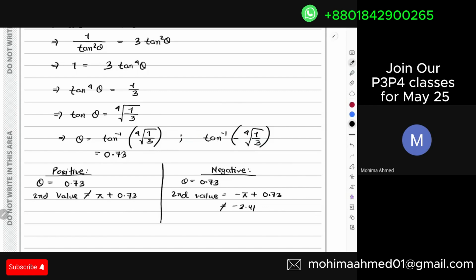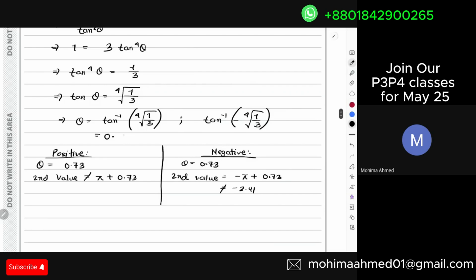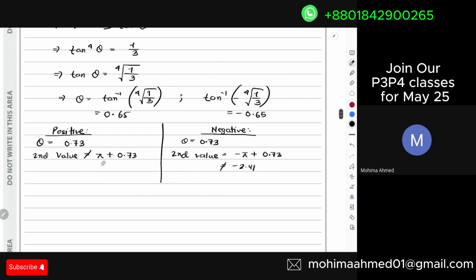It will be 1 over 3 power 4 positive, that is 0.65 actually. This is 0.65, and you have to carry on with the same fraction with the negative value, which is again negative 0.65. That means you have to carry out your positive value, negative value for both the data. So you get positive 0.65 here, and then again over here negative 0.65.